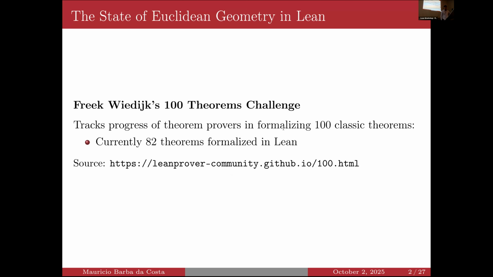So to get started, I wanted to look at the library of Euclidean geometry that is in Lean right now. Freek Wiedijk has a list of 100 theorems, and he catalogs how much progress different theorem-proving languages have made on formalizing these 100 theorems. Lean has 82 that have been formalized, which is on the higher side.